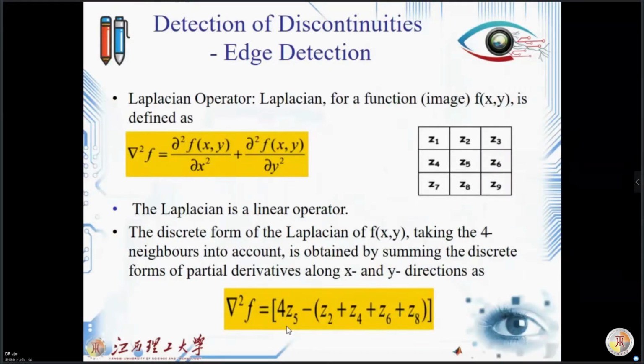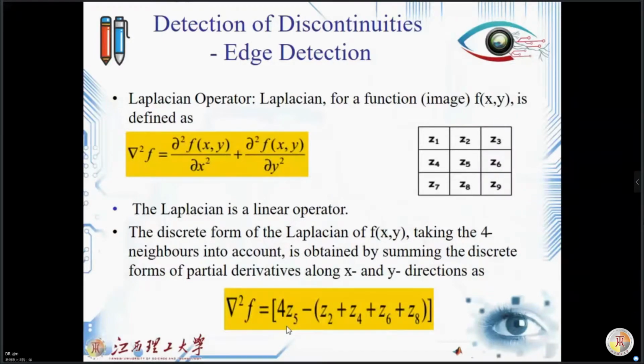Then for the second order, or the Laplacian operator, for the image function f of x and y, we can define it as the square, the power 2, of the change of my image function, taken with regard to x and y.